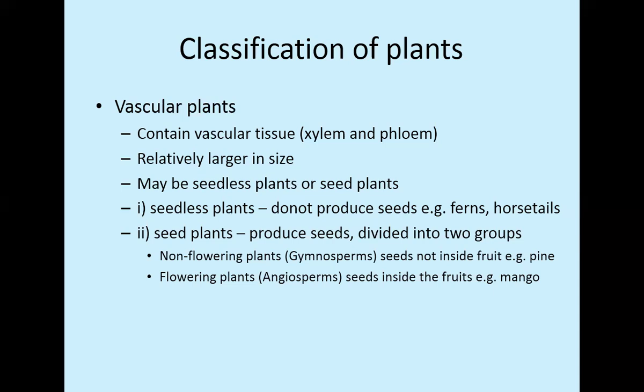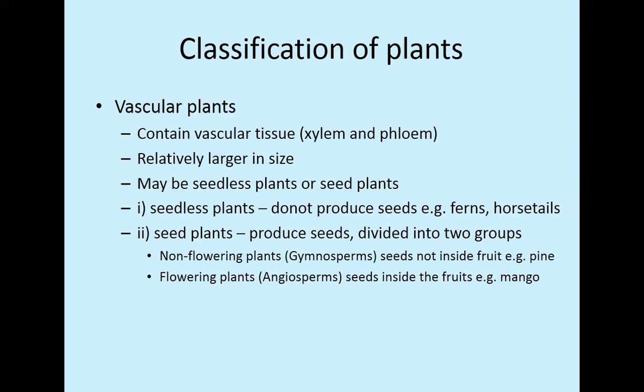The last type of plants are called the flowering plants. They are also called angiosperms. These are the plants which produce seeds, and their seeds are enclosed in fruits. Now, fruit is a part of the plant which develops from a flower. So all these plants, like the ornamental plants which have flowers, and all these plants which produce fruits, are examples of the flowering plants.